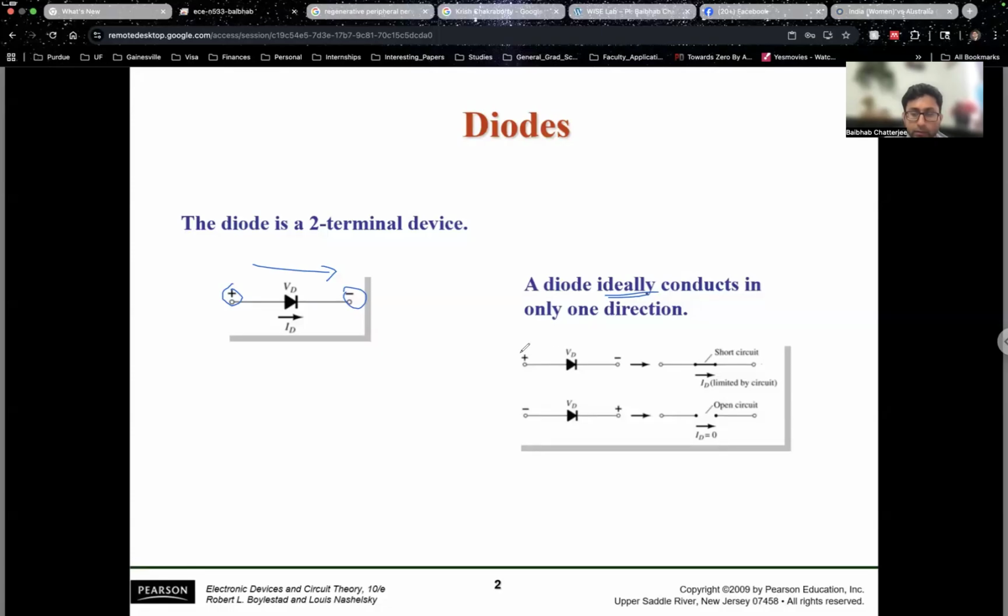If the voltage is higher on the left side and lower on the right side, and the diode symbol looks like this, remember that this is the symbol of the diode. The left side of this triangle is the positive terminal, and the right side, the bar, is the negative terminal. What this bar represents is that there is kind of a wall on the right-hand side. If you try to push current from right to left, it will hit this wall and not go through.